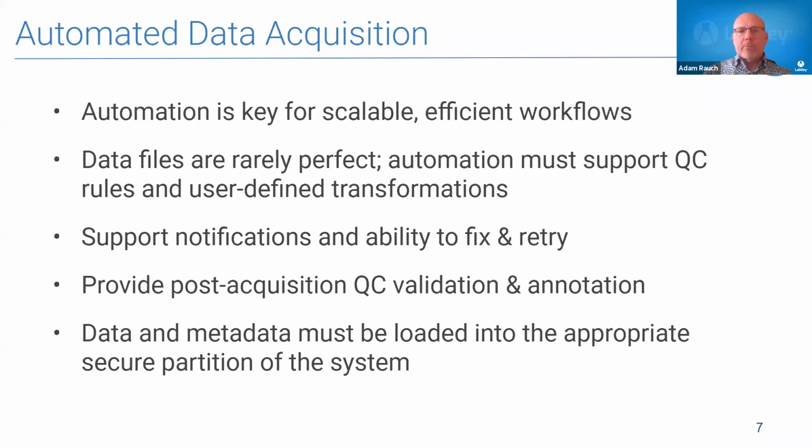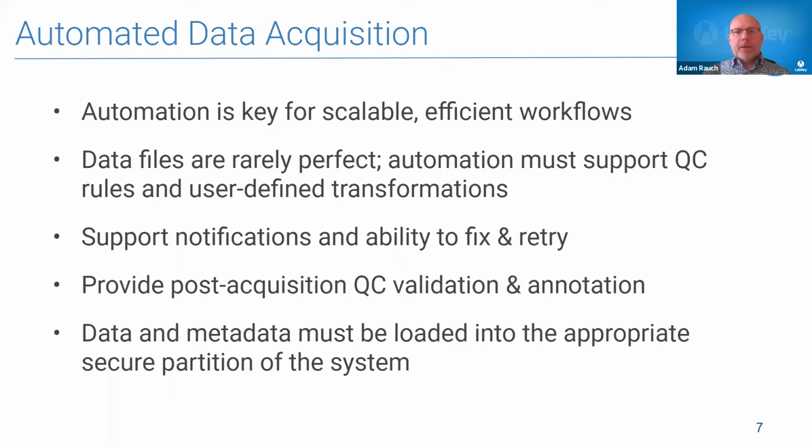So the automation that gets put in place has to support quality control rules and user-defined transformations. Where you say, if you see this kind of data, please transform it into something more standard. Simple example, NAs get translated into nulls, or visit names get mapped to a canonical set of visit names. You need to be able to implement and codify those rules as a part of these workflows.